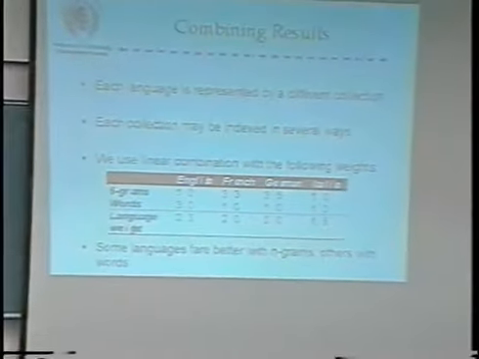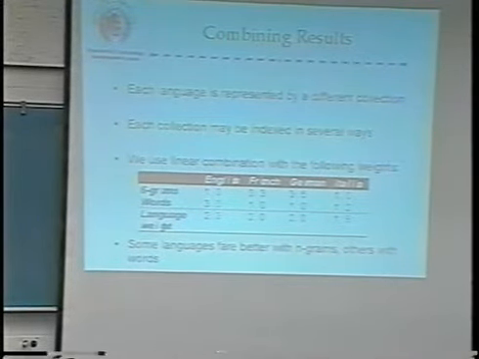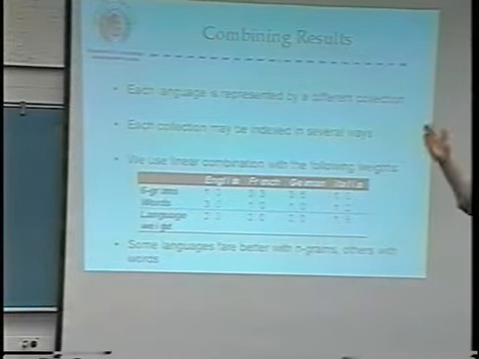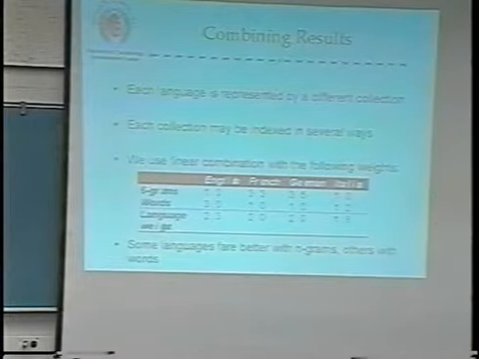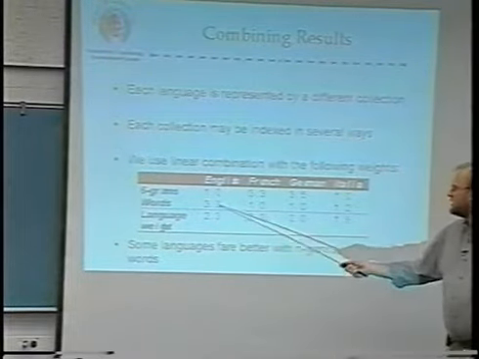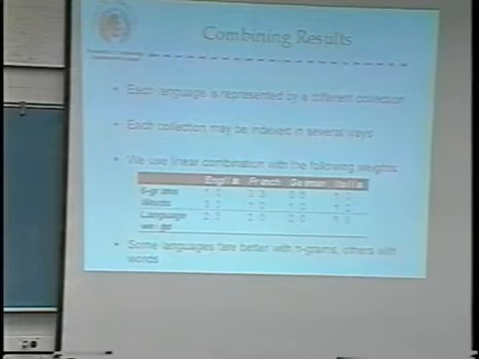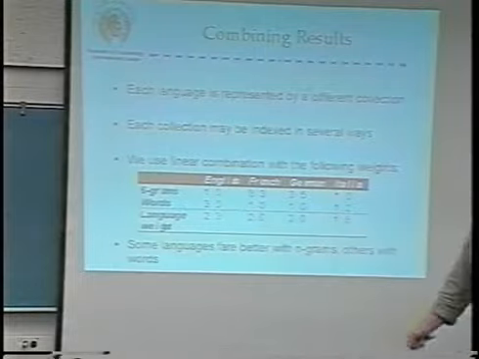And we then weighted the value of the word retrieval versus the n-gram retrieval differently in the different languages. Okay, so for English, for example, our tests at that time were showing that on the collection that was being used for cross-language retrieval, words worked significantly better than 6 grams.